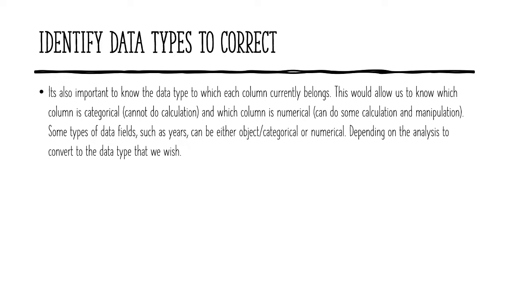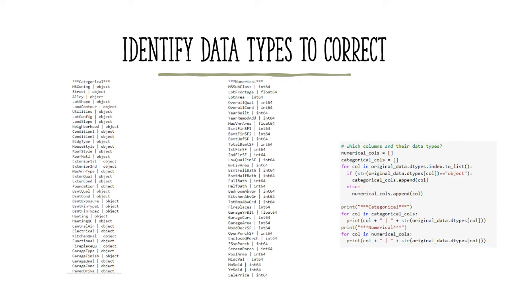Thus, it's important to identify which columns are categorical and which columns are numerical. So next, we have some code over here that helps us identify which columns are currently object and which columns are currently integer or float.